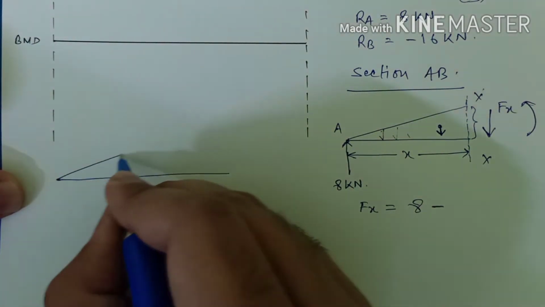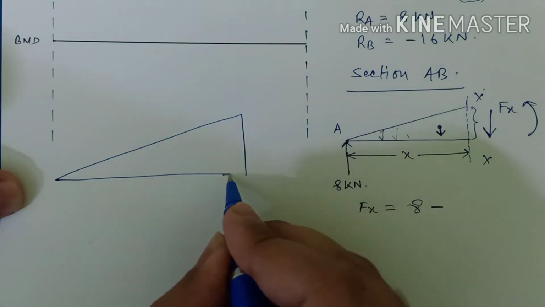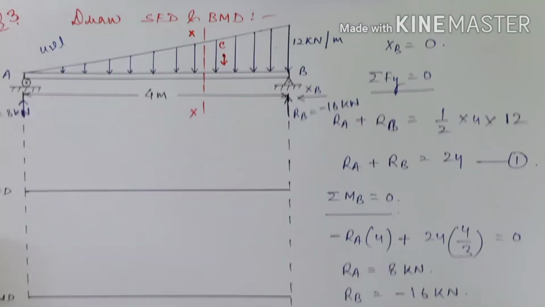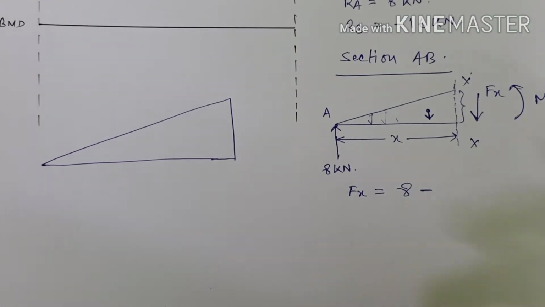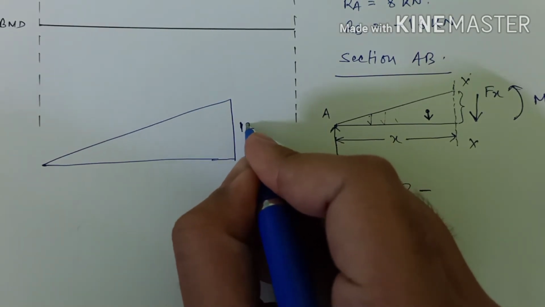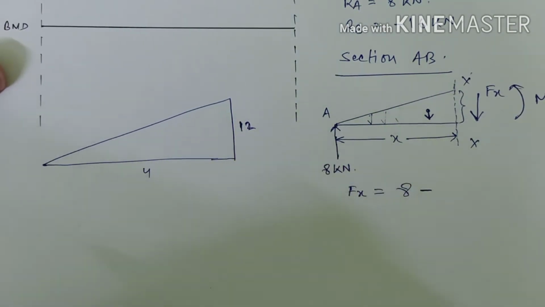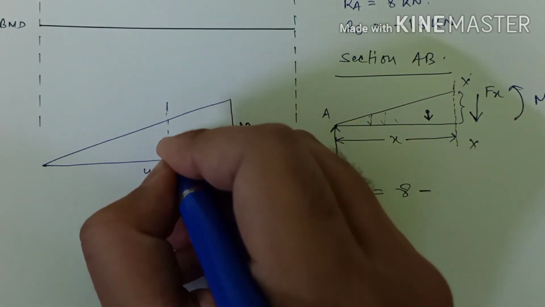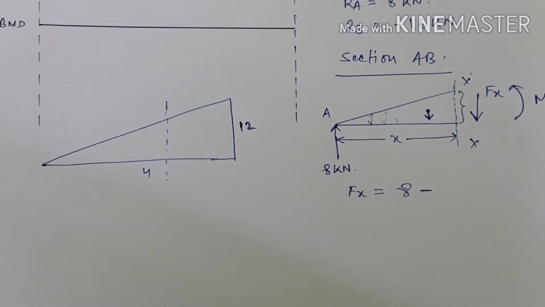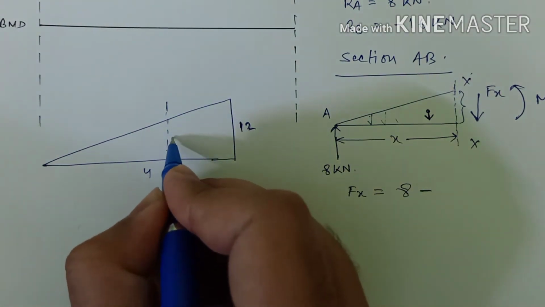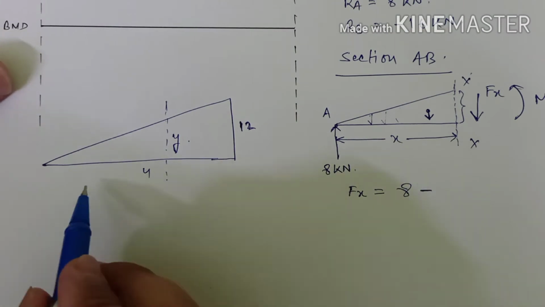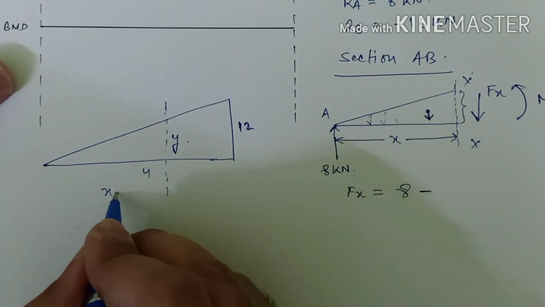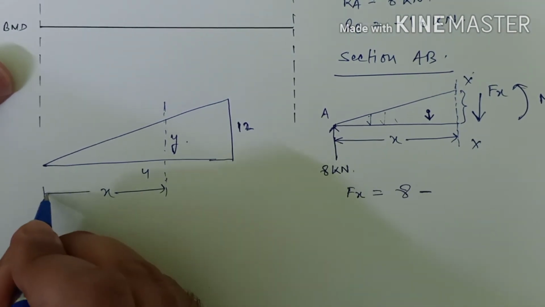Let this be my total UVL, 12, and this value is 4, and let me consider this length as my Y, and this length is X.